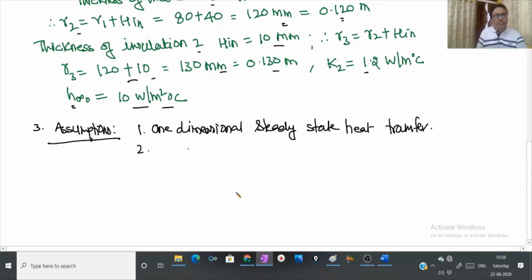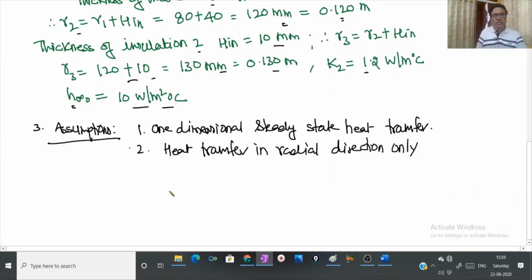Number 2, heat transfer in radial direction only since it is cylindrical. Number 3, no heat generation.